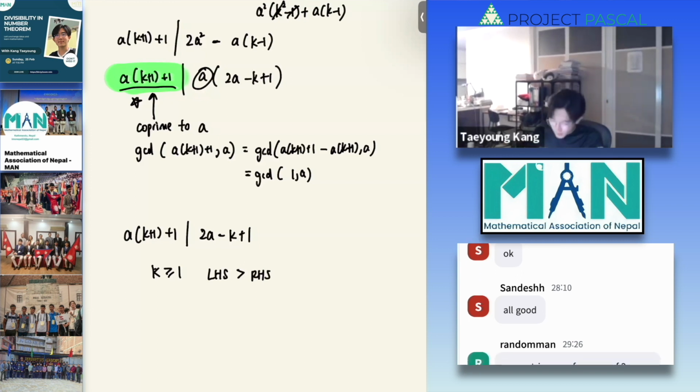And this must be true because a k plus 1 is at least 2a plus 1, which is larger than 2a minus k plus 1. But by fact 2.3, this cannot be true.